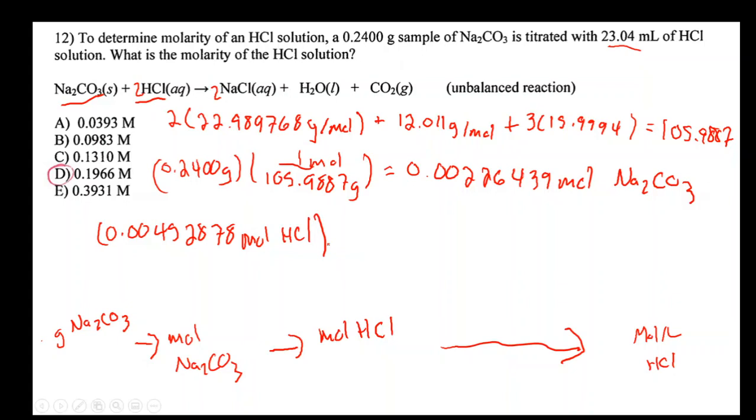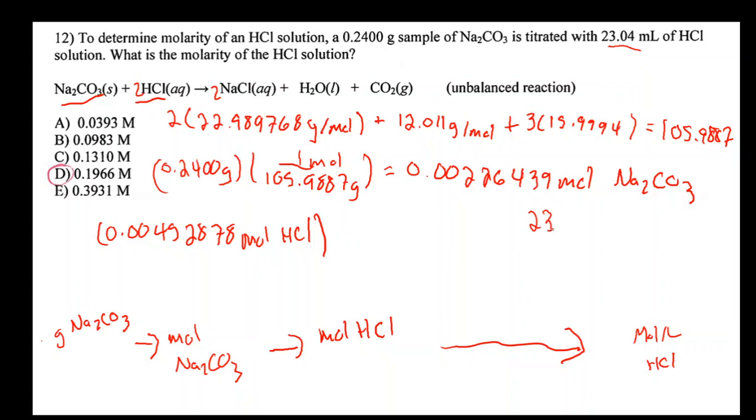So now they want the molarity of the HCl solution, so that's defined as moles per liter. We've calculated the moles of HCl, but we don't have the liters yet. That is in milliliters, so we're going to have to convert that, but that's not too bad.